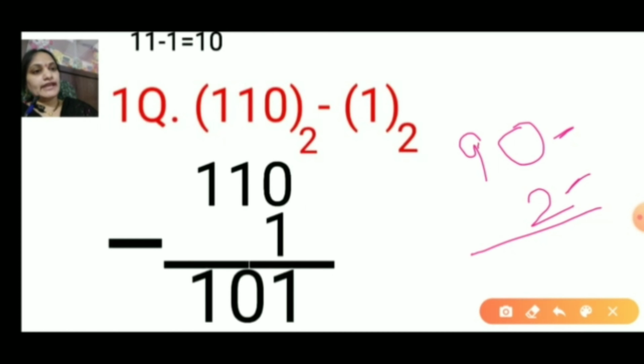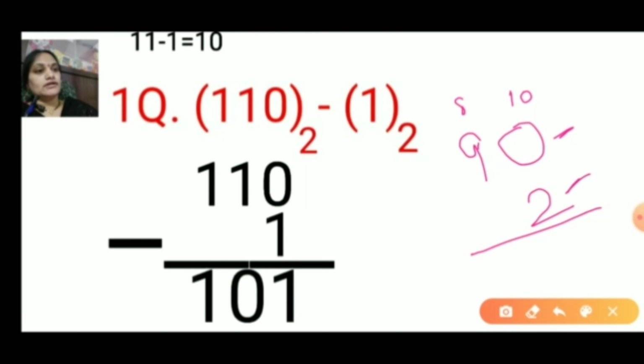You have to take 1 borrow from the 9. After taking 1 borrow, this 0 becomes 10 and 9 becomes 8.